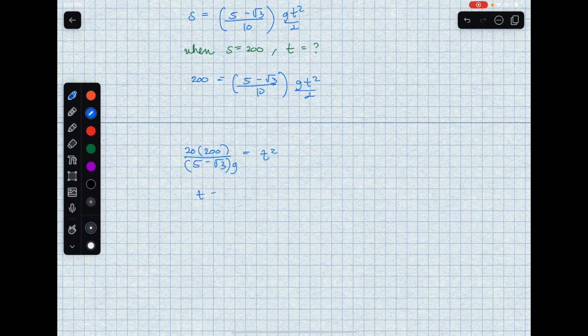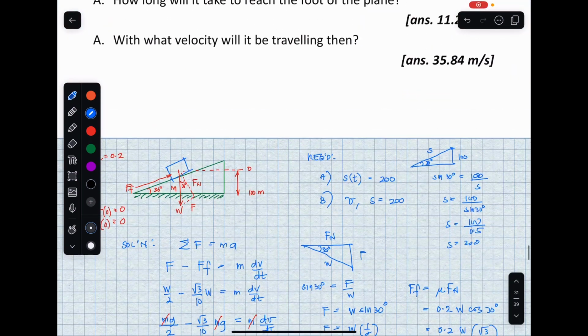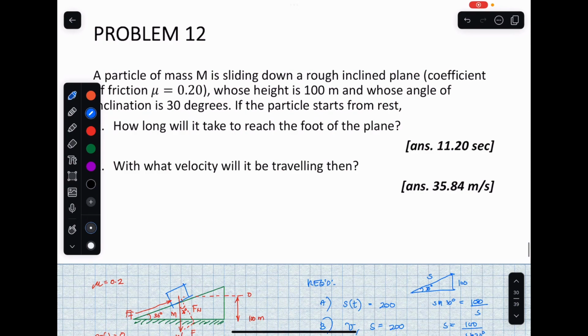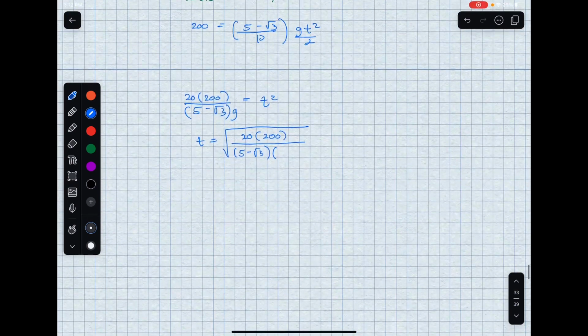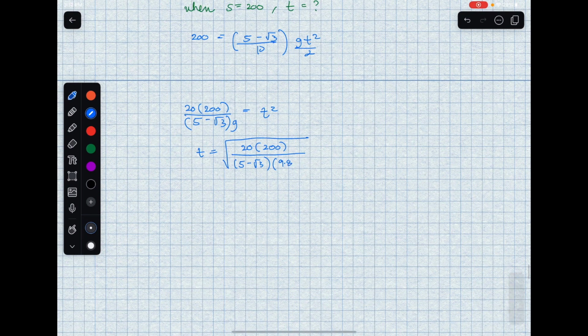So t will be the square root of 20 times 200 divided by 5 minus square root of 3. Are these in meters? In the metric system, I'll multiply by 9.81.